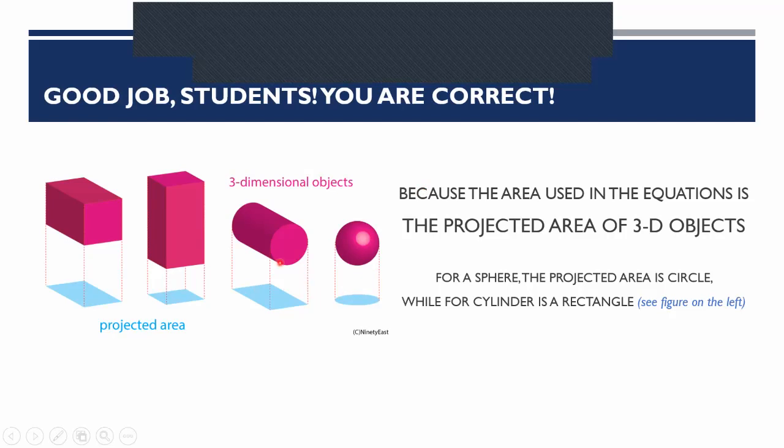While for a cylinder, the projected area is a rectangle, so that's why it's L times dp.